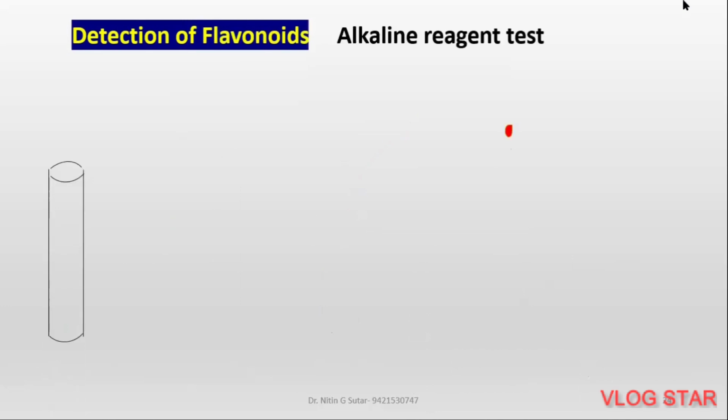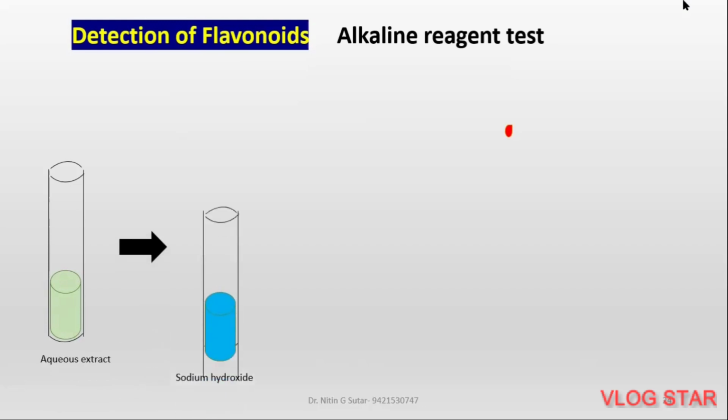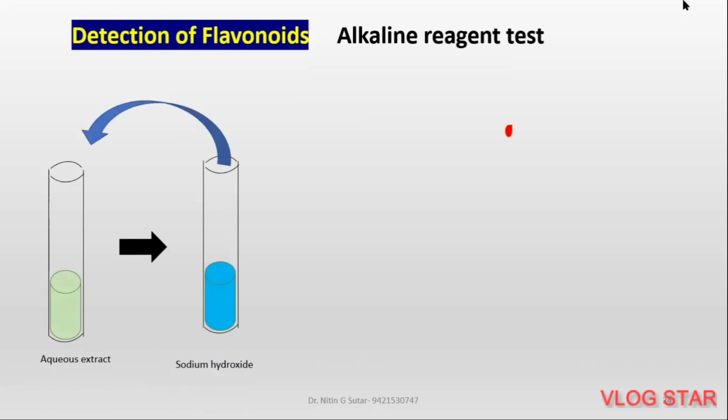Okay. Now the detection of the flavonoids. For this one, the alkaline reagent test is utilized. So in this case, take the aqueous extract, and to this aqueous extract, you are going to add sodium hydroxide solution. There is a formation of intense yellow color.